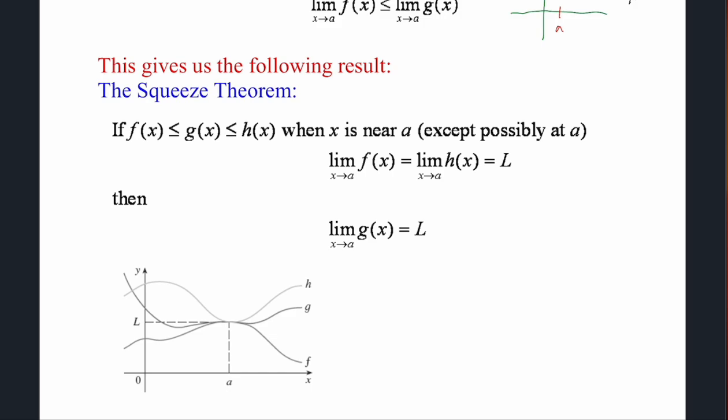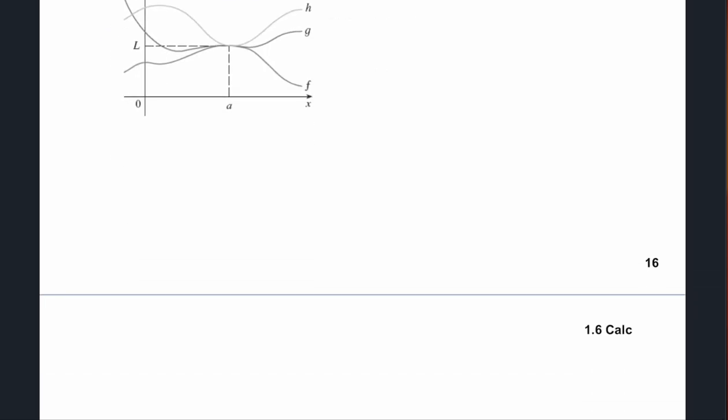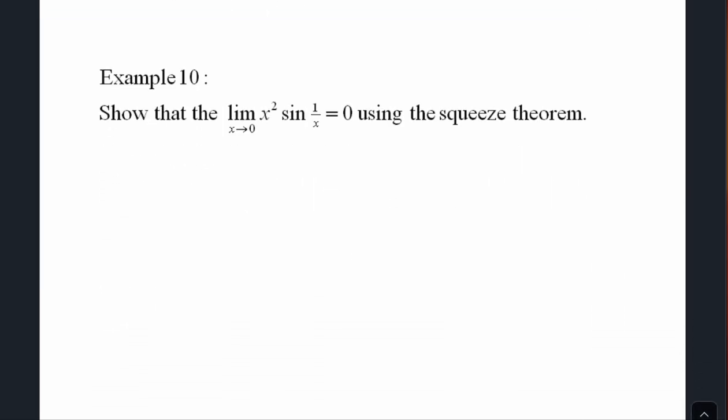So we're never really going to use the squeeze theorem much, but I wanted to show it to you. It's just kind of interesting. Okay, so that leads us to this example. If I ask you to find the limit of x squared times sine of 1 over x, if you were to put 0 into that function, it is undefined.